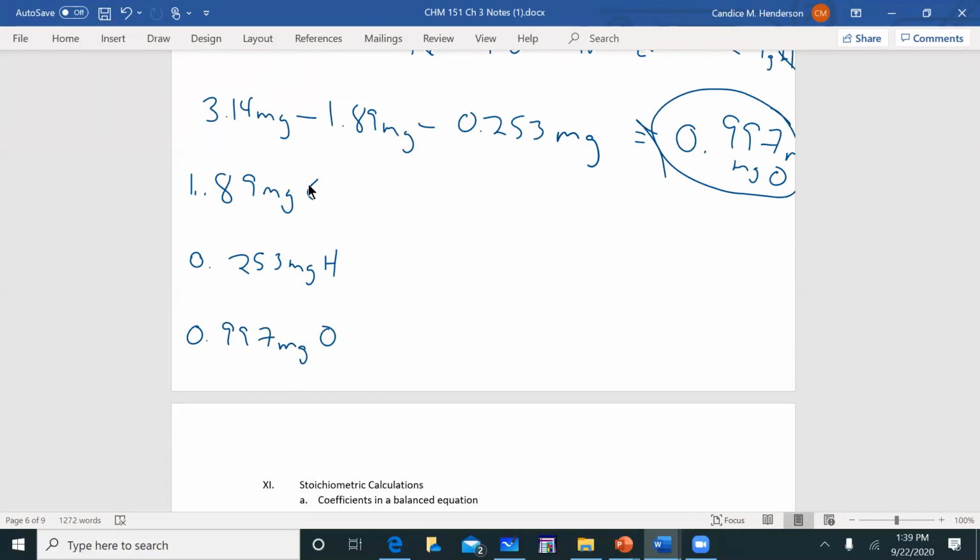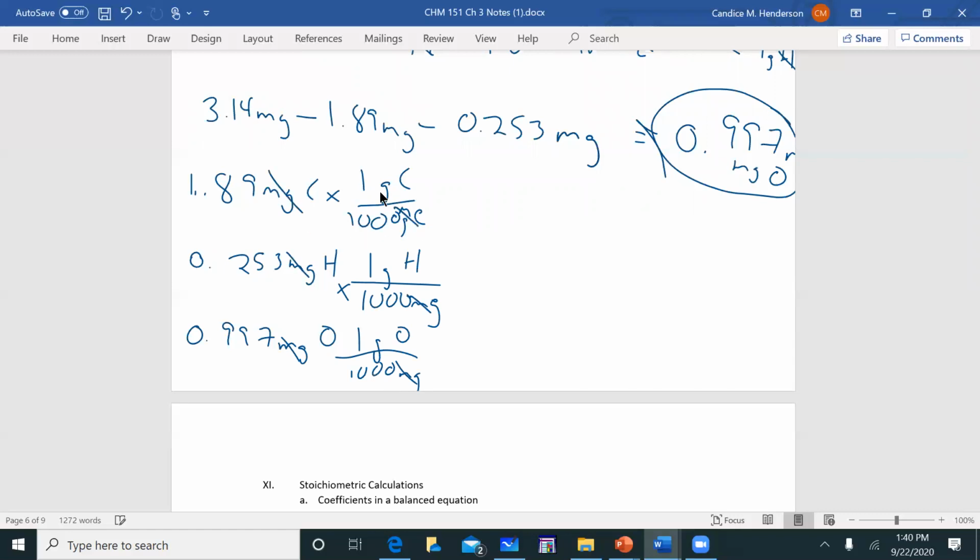I need to convert my milligrams into grams. So for every 1 gram of carbon, it's 1,000 milligrams. Every 1 gram of hydrogen, it's 1,000 milligrams. And for every 1 gram of oxygen, again, it's 1,000 milligrams. Okay, that'll get us out of milligrams. Now we have grams of carbon, grams of hydrogen, grams of oxygen.